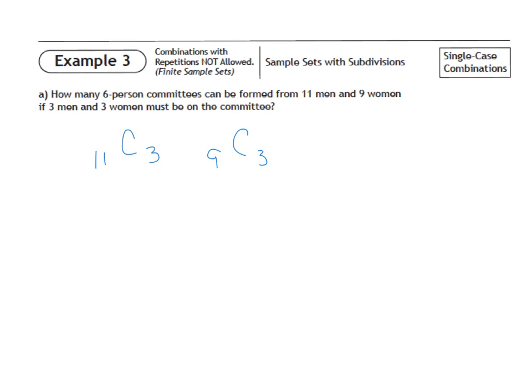And what are you going to do with those 2 answers? Multiply. Because you're choosing men and women, not men or women. That works out to 13,860 possible committees.